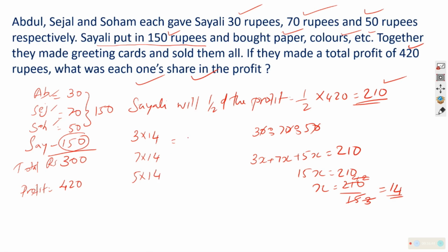This is equal to 42 rupees, and this is 7 into 14, equal to 98 rupees, and here it is 70 rupees. As a check, we can add these to see that it is 210. Correct. This way the money will be distributed.